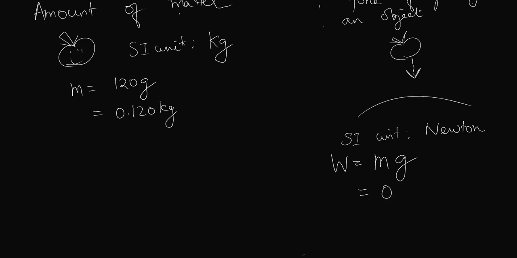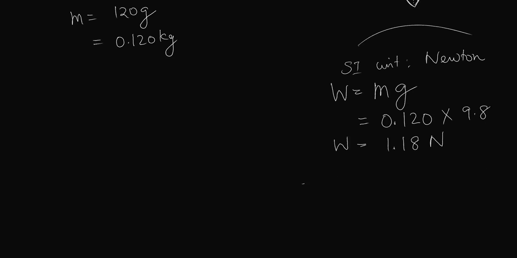So on the earth, the acceleration due to gravity is 9.8, so weight is 0.120 times 9.8, which is about 1.18 Newton. So you can always calculate the weight of an object by taking its mass in kilograms and multiplying by the value of g at that location.